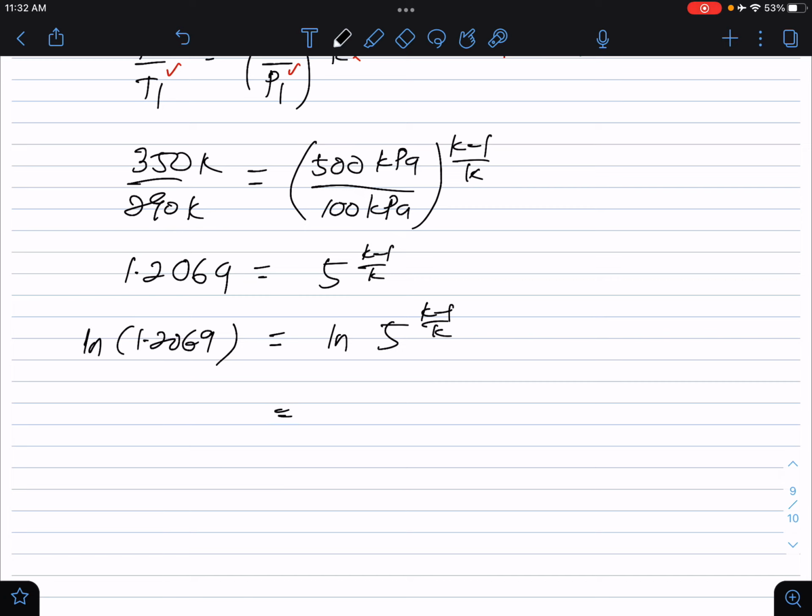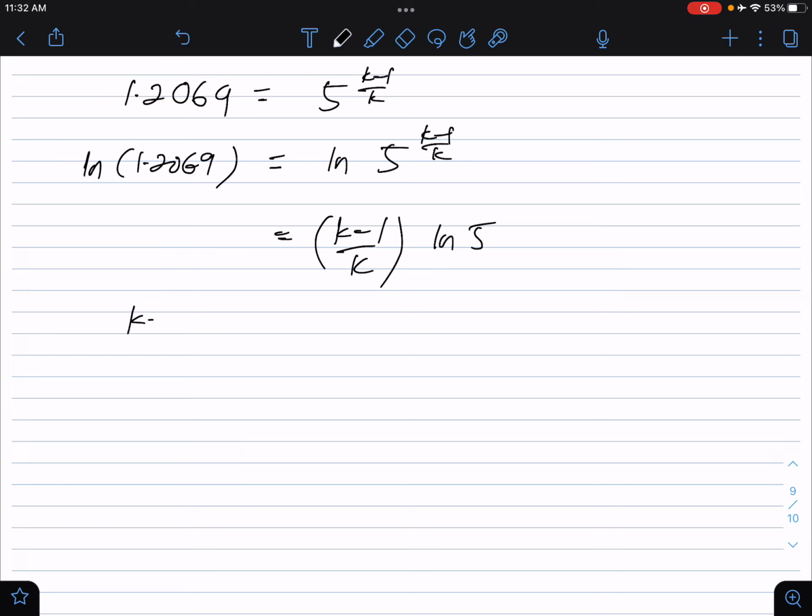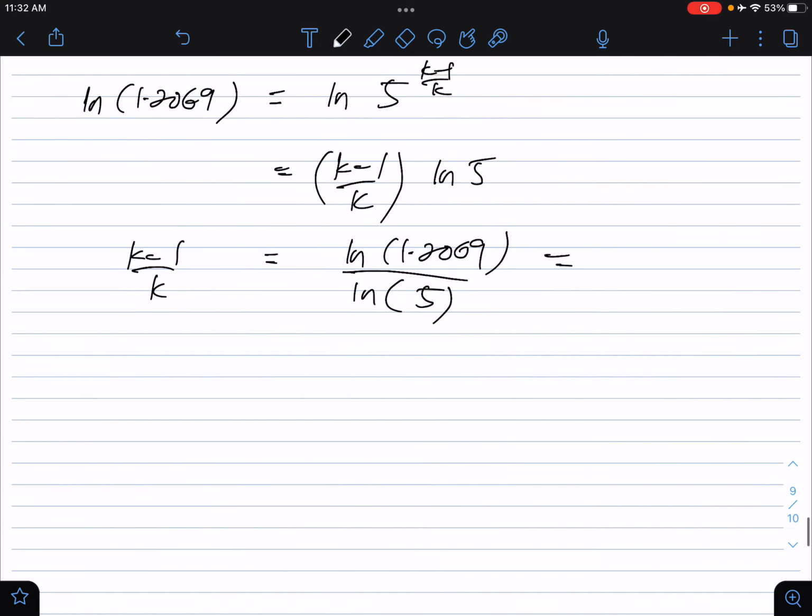Put it step by step: (k minus 1) over k can be put at the front of ln 5. Then rearrange: (k minus 1) over k equal to ln 1.2069 over ln 5. Pressing the calculator, this is 0.1168.